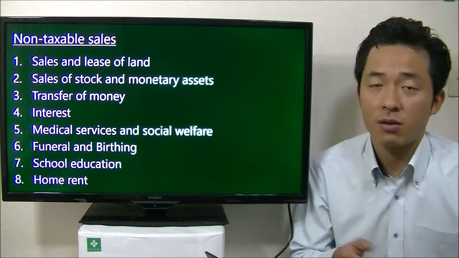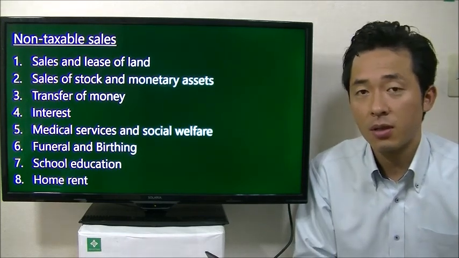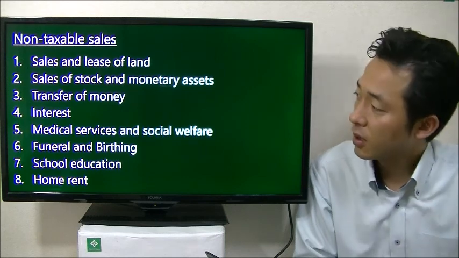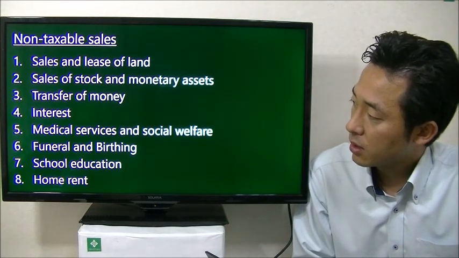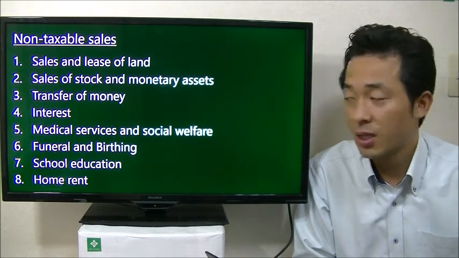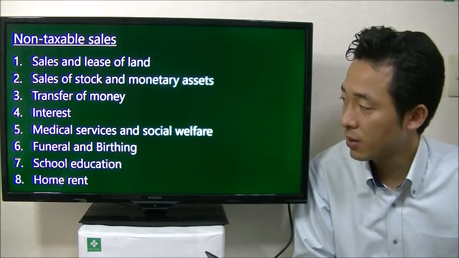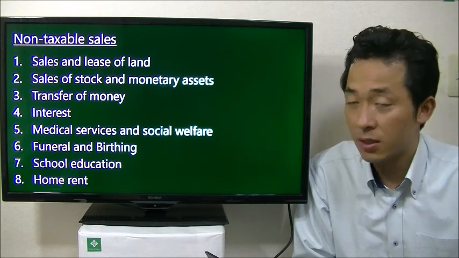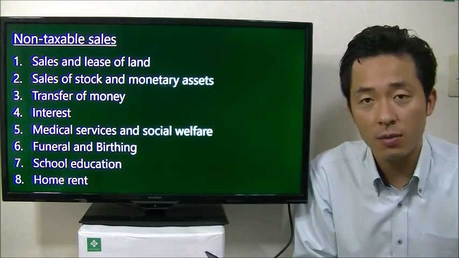But for example, cosmetic surgery might be taxable sales. And number 6 is costs like for funerals or birthing. These are not taxable. And number 7, school education, is not taxable.